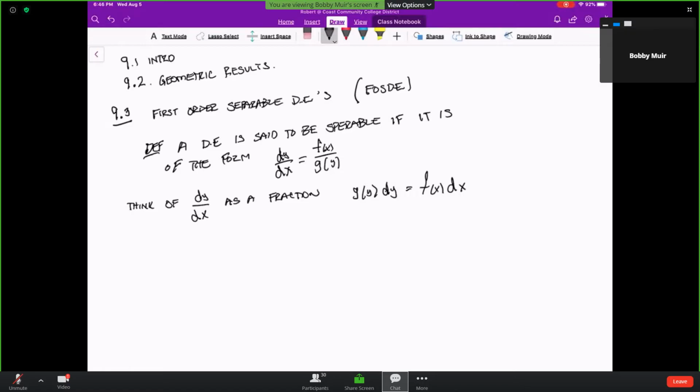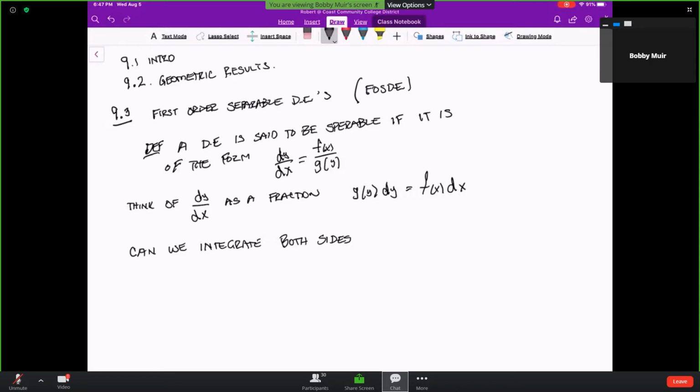So let's see. Can we integrate both sides? This is a question I don't think we've asked yet in our adventures in calculus. We've talked about taking the derivative of both sides, when we were doing implicit differentiation. So we should probably at least make an attempt to justify this here.